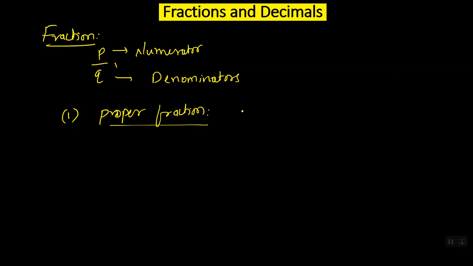Which type of fractions are said to be proper fractions? Those whose numerator is smaller than the denominator. If this is the numerator and this is the denominator, those whose denominator is greater than the numerator are said to be proper fractions. Example, 2/3. The numerator is 2 and the denominator is 3, so the numerator is smaller than the denominator. Such fractions are called proper fractions.